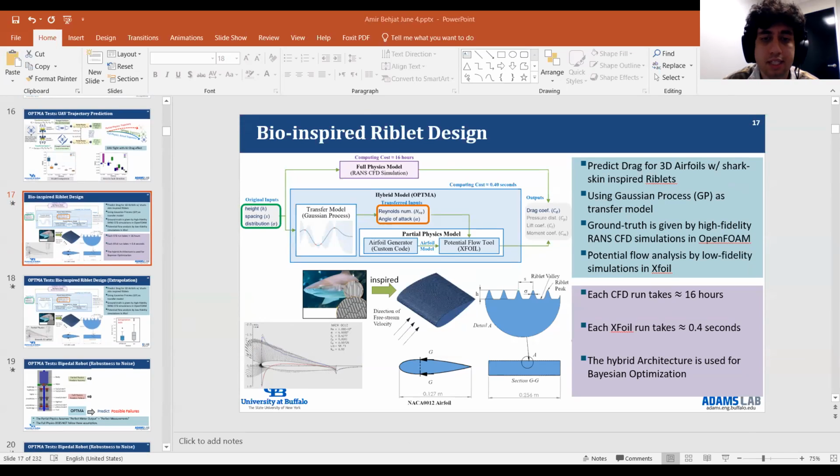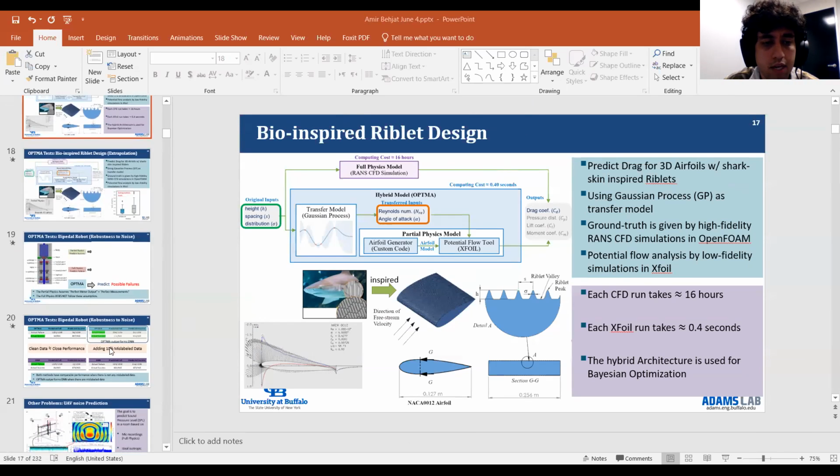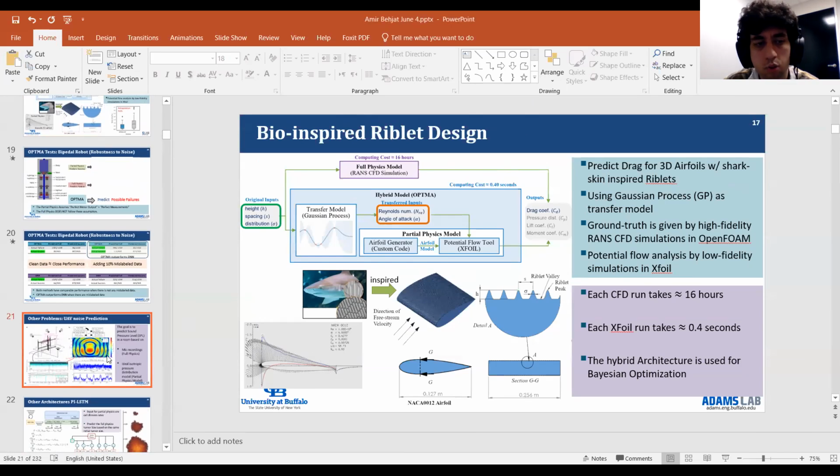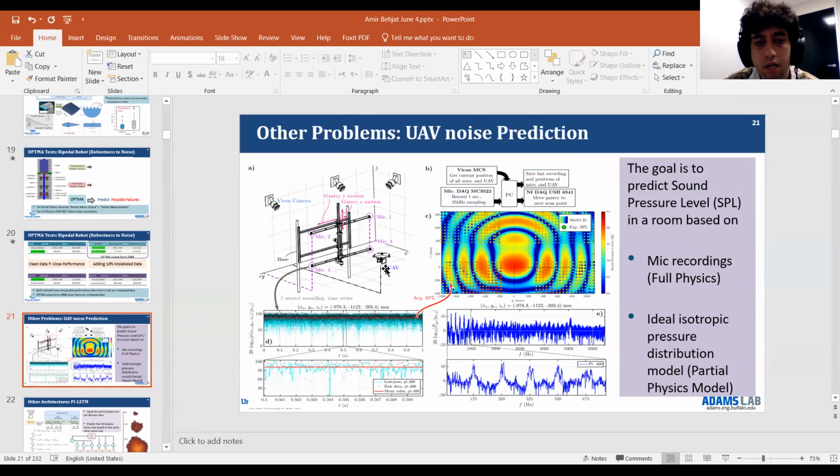Just one other thing is that sometimes the high fidelity, or the full physics, means just the samples from experiment. For example, in the problem we had for this UAV noise, the high fidelity is not a simulation itself. The high fidelity is just real data. And that's the most important part, because we can still say, okay, we have cloud computing, we have these capabilities, and they are rising.